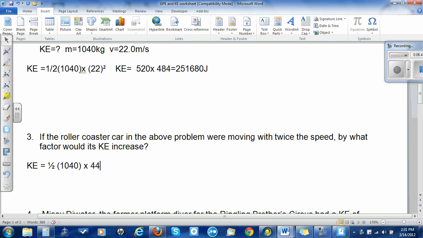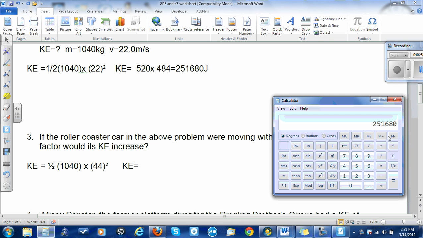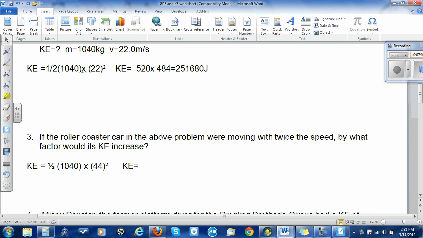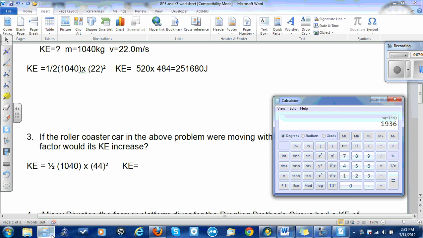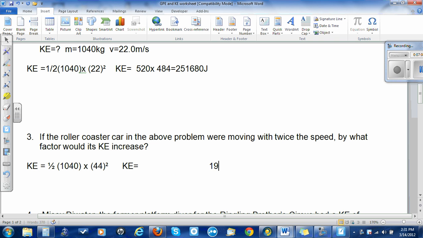We still have to square it. 44 squared is 1936.